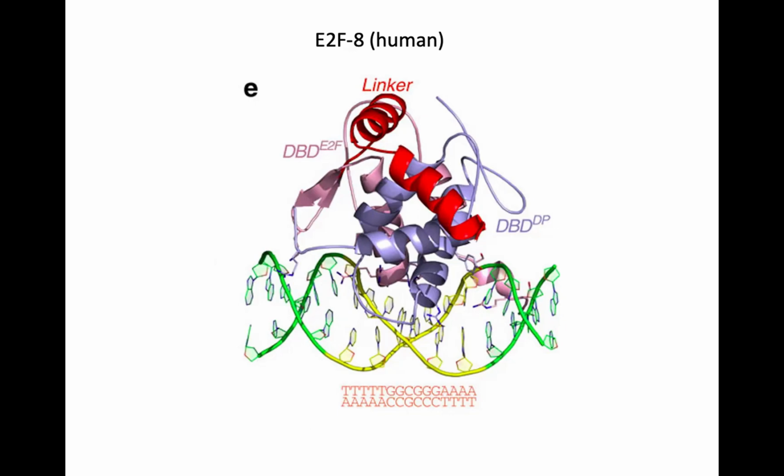But there is another sort of puzzle here. On top of this real, functional category, there's also an artificially created problem. When we build a positional weight matrix, we have to choose the orientation of the binding site, and just by random chance we choose one or another orientation.